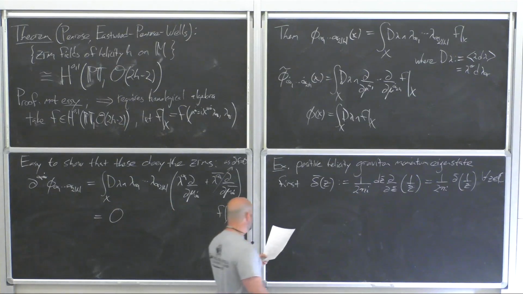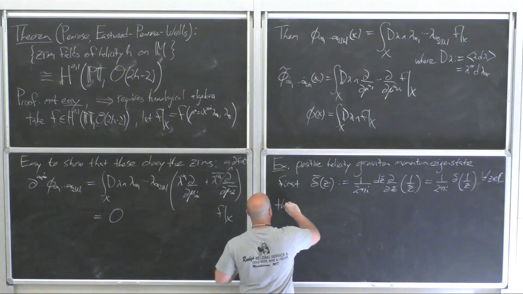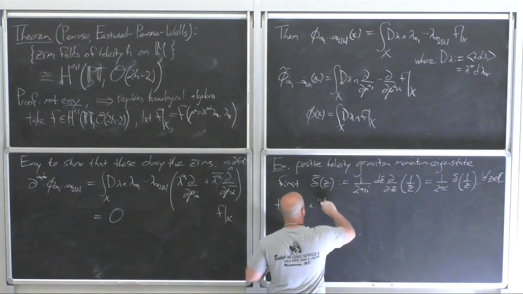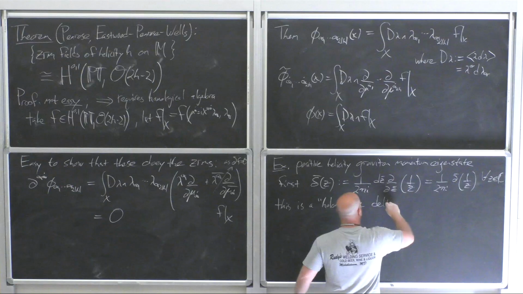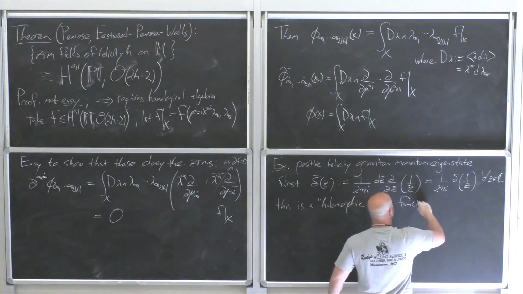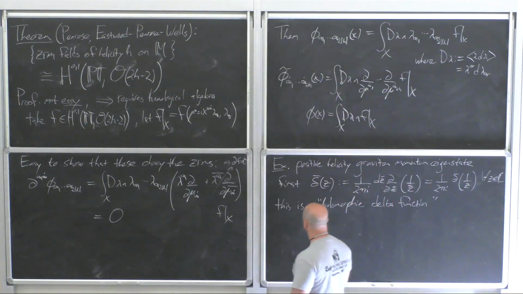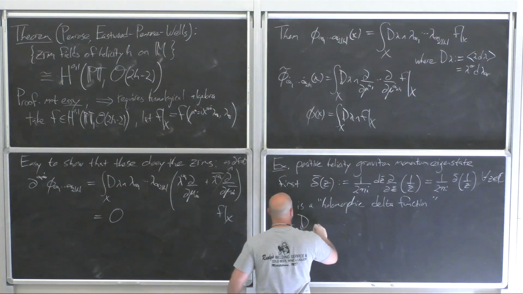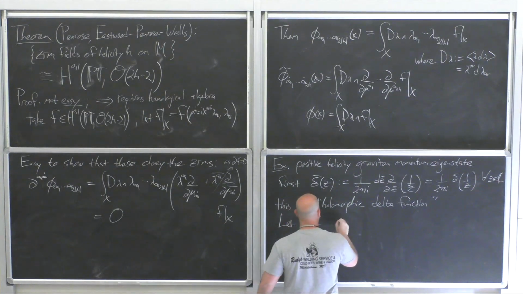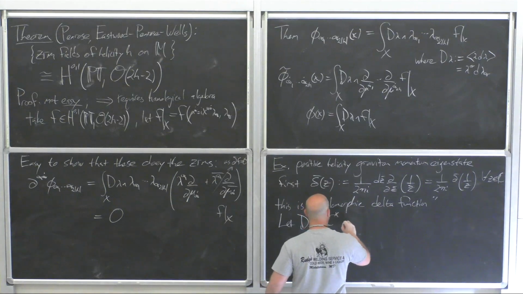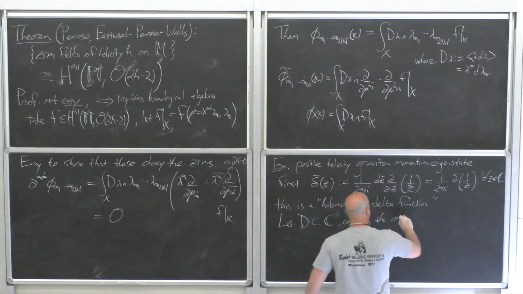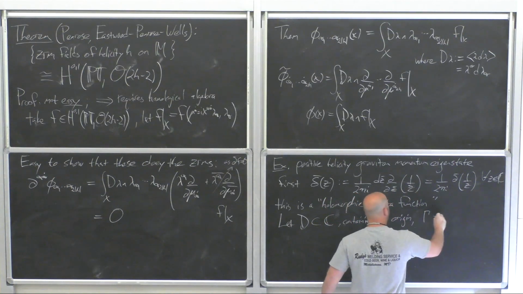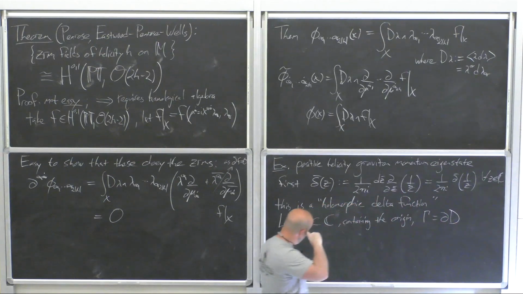One way of seeing this is, so this is what we might call a holomorphic delta function. To see why, let D be some bounded domain in C containing the origin, and we'll let gamma be the boundary of this domain.